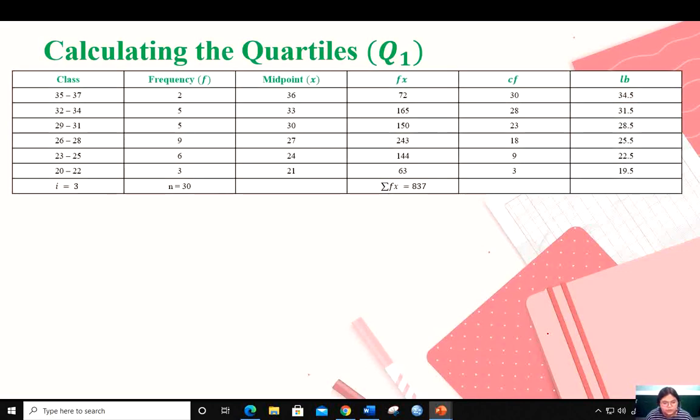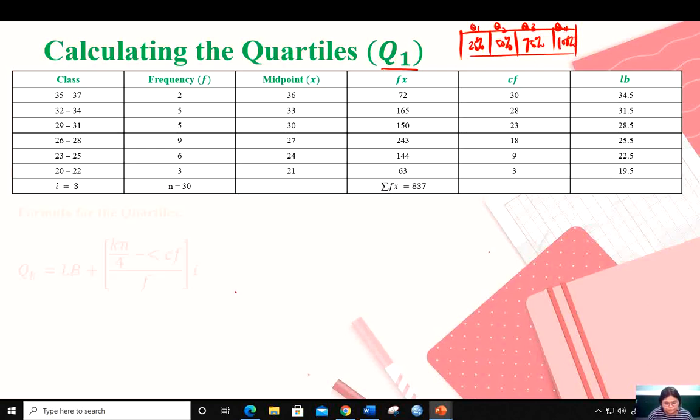Okay. So, this is our FDT, the frequency distribution table, and we are asked to find the first quartile. Okay po, again, meron tayong whole. Hinati natin sa 4. This is the first quartile, the second quartile, the third quartile, and the fourth quartile. Equivalent si first quartile kay 25%, si second quartile kay 50%, 75% kay third quartile, at si fourth quartile ay 100%.